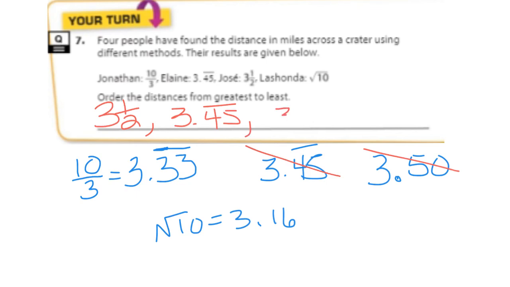Then we'll have 3. No, excuse me, I made a mistake, because that's not the number they gave me. I have to put down 10 thirds. That's out. And then find the square root of 10. Okay? Make sure you didn't go least to greatest. This one did say greatest to least.